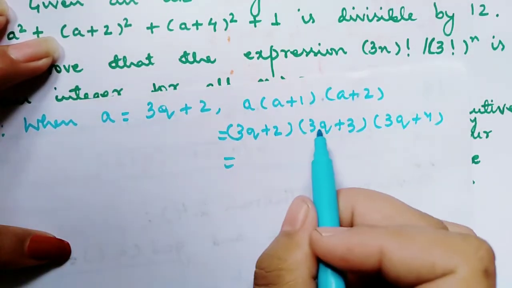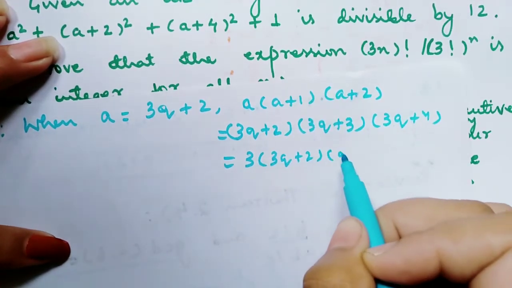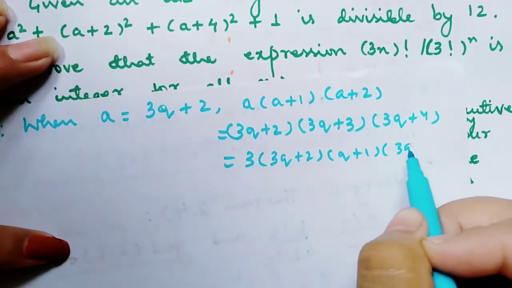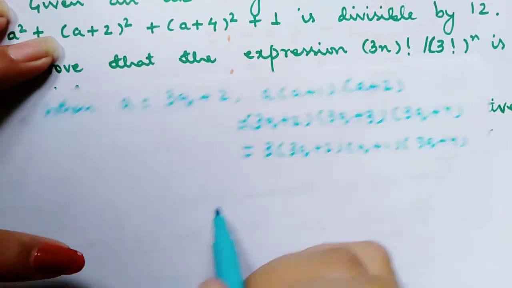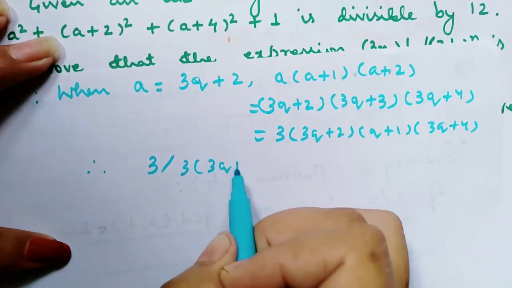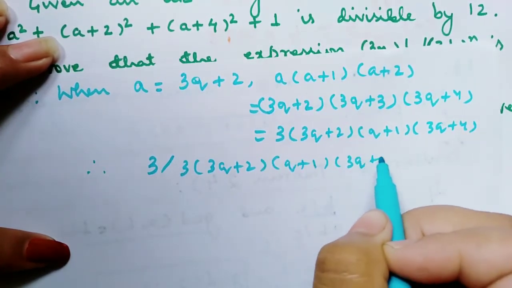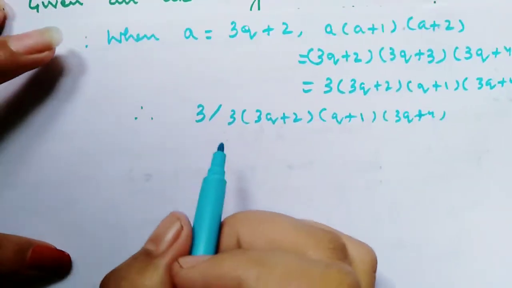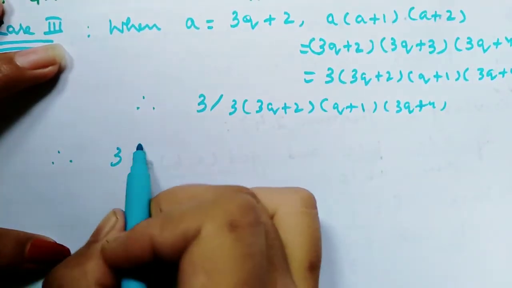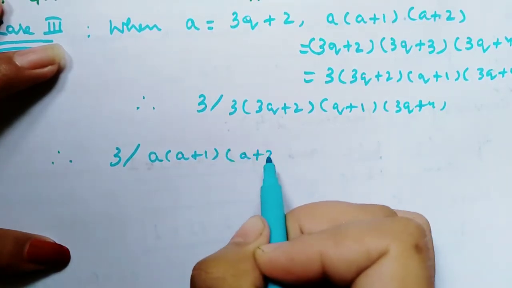From here we take out 3 and we are left with 3q plus 2, q plus 1, 3q plus 4. Again, this is a multiple of 3, so 3 divides 3 into 3q plus 2, q plus 1, 3q plus 4. So what can we conclude from the 3 cases? We conclude that 3 divides a into a plus 1 into a plus 2.